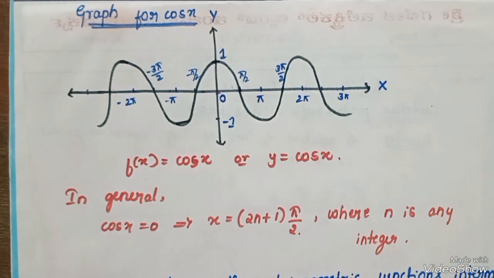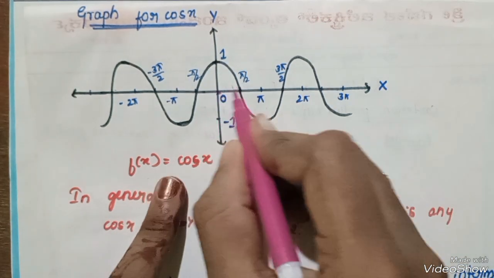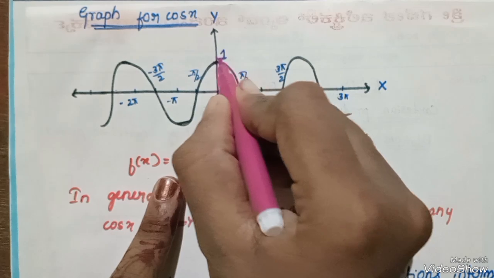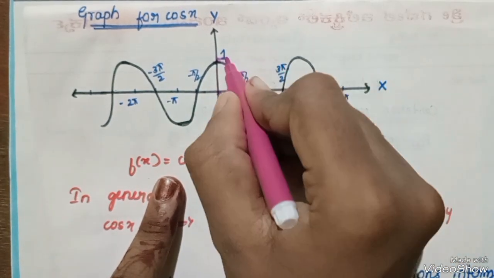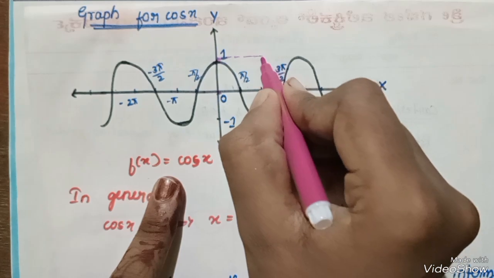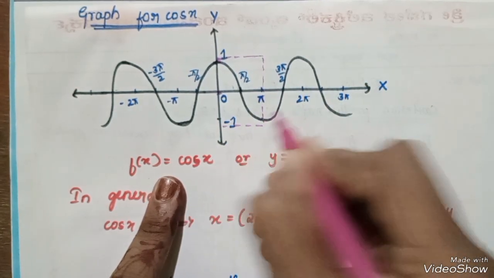Same as for the graph of sine inverse, here we consider a restricted area, from 0 to pi.